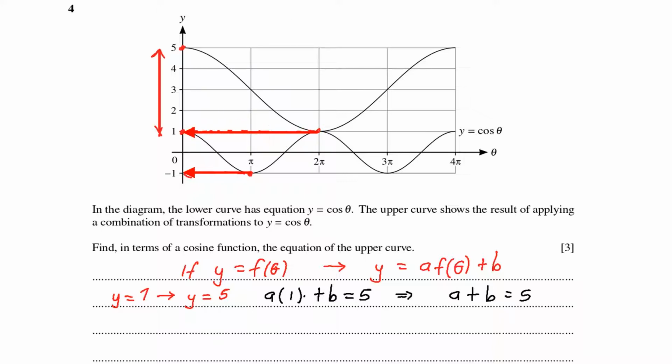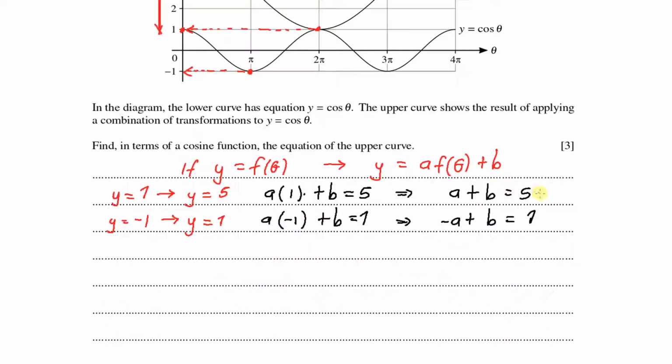So we're again saying here the point y is equal to -1 is being transformed onto the point y is equal to 1, which means that a of f of theta, which is -1, plus b is giving us 1, and this is the equation minus a plus b is equal to 1.